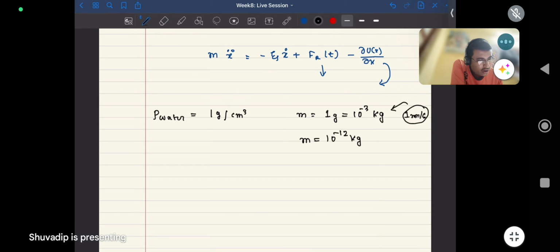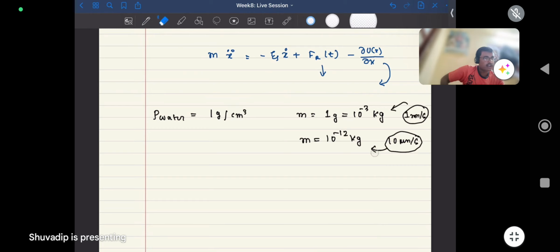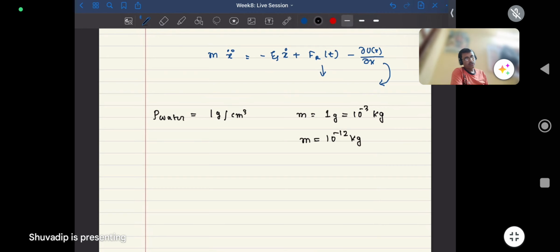But in the other case you will get 10 micrometer per second, which is considerable for this size of particle. So if the velocity is not that important in those scenarios, we ignore the motion due to the thermal kicks, or the motion due to the random force arising from the fluid molecules inside the solution.